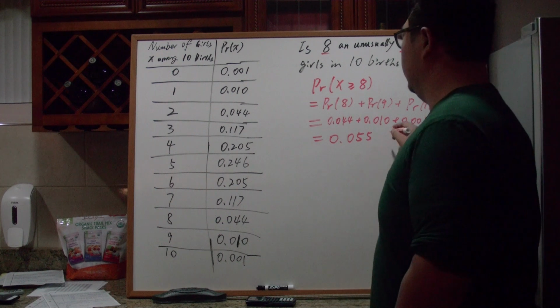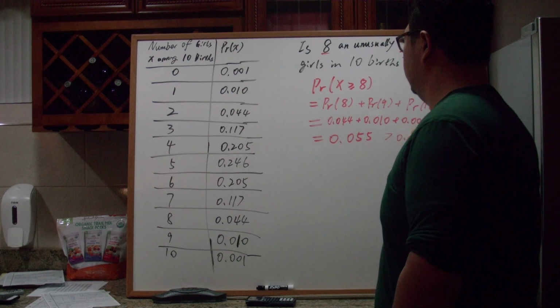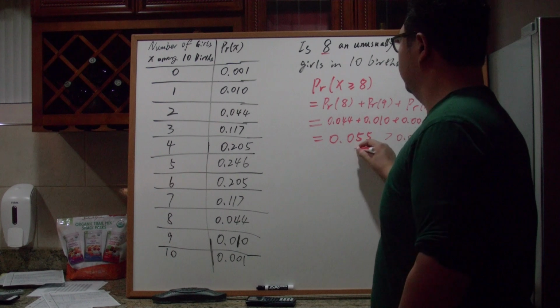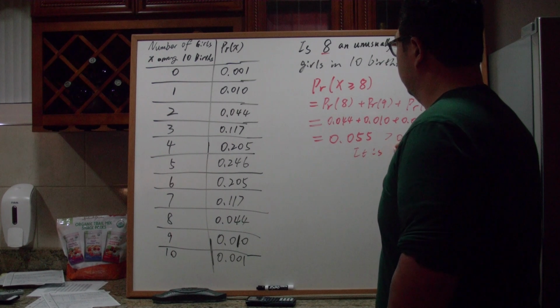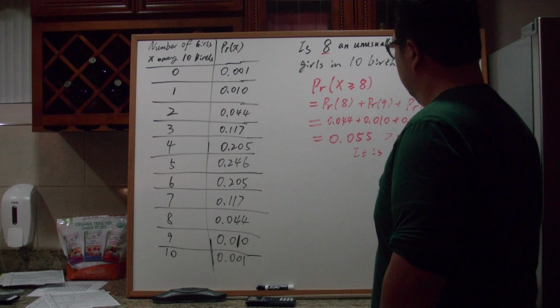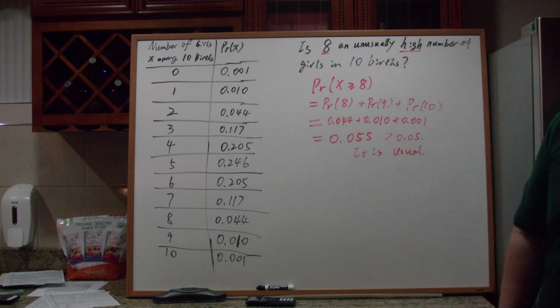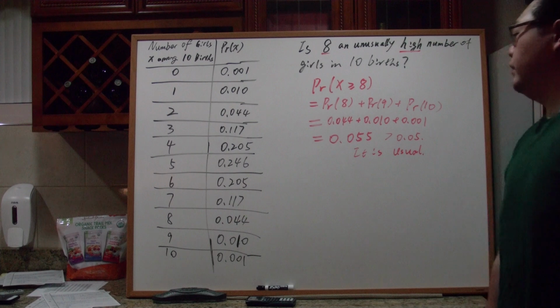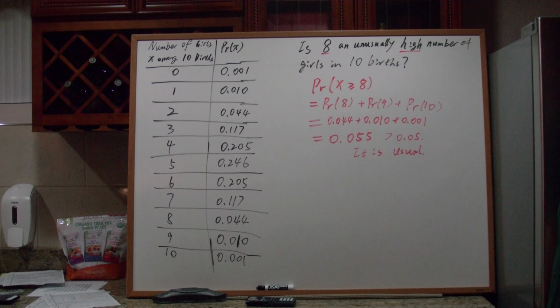Here the likelihood is greater than 5%, which means it is usual. The likelihood is not smaller than 5%, it's more than 5% here, which means, well, not very usual, but it is usual to get 8 girls in 10 births. It's not unusually high.